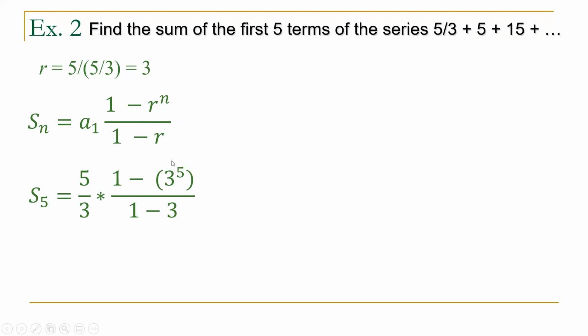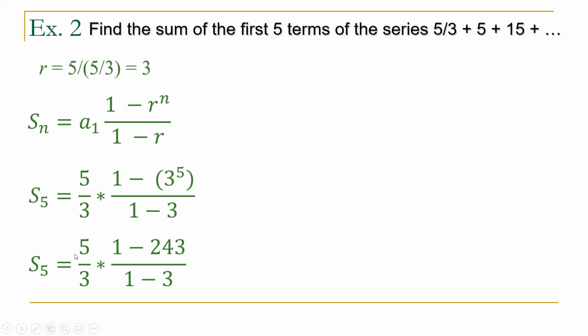Bakit naging 3 raised to 5? Kasi yung common ratio and yung number of terms, we have 5, kaya naging 3 raised to 5. All over 1 minus 3. So, i-compute natin yung value ng 3 raised to 5 and yung nasa denominator. So, yung magiging sagot niya is 243. Okay?